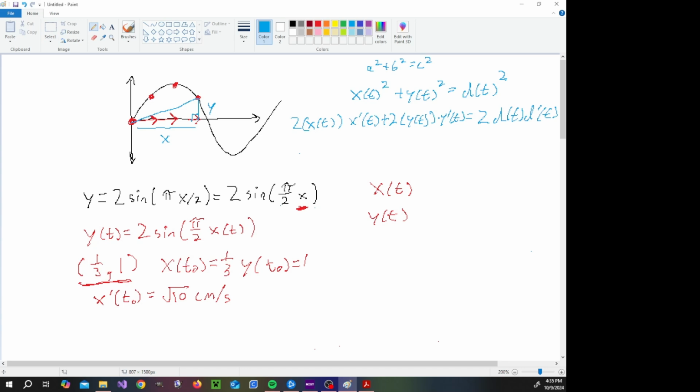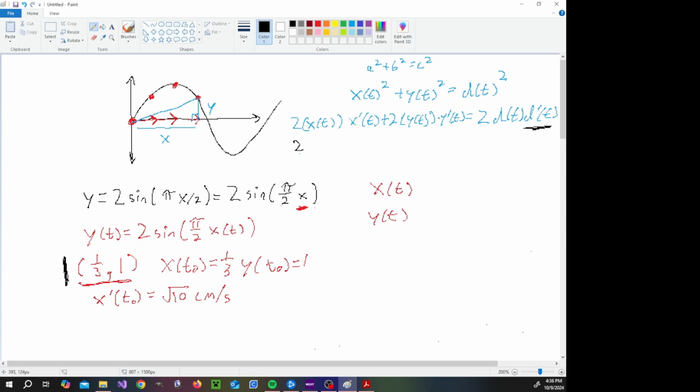Now, we just need to figure out each of these pieces. The thing that we're trying to solve for is d prime. So we need d of t, y prime of t, y of t, x prime of t, and x of t. Well, it tells us our coordinate, so we know x and y of t.